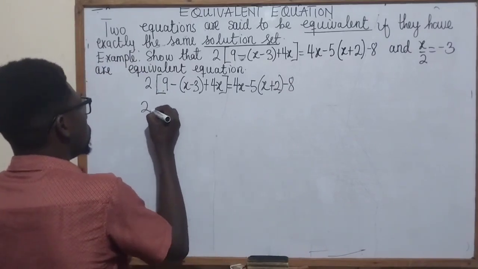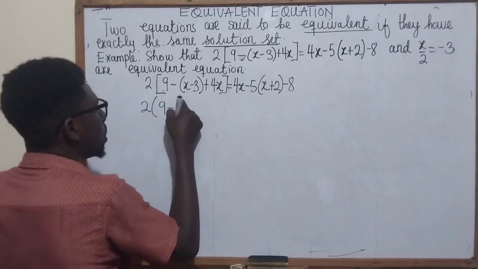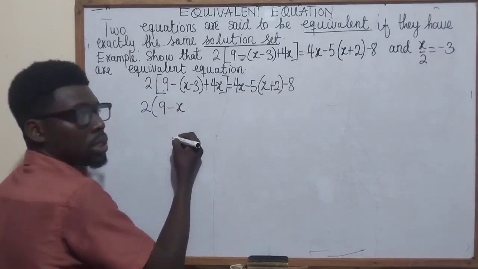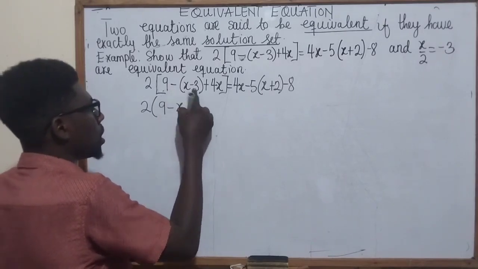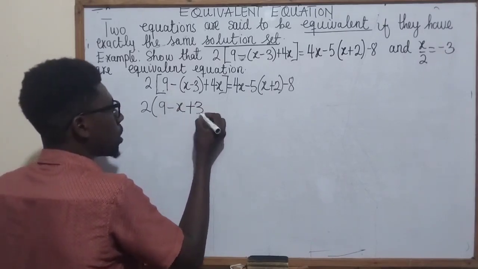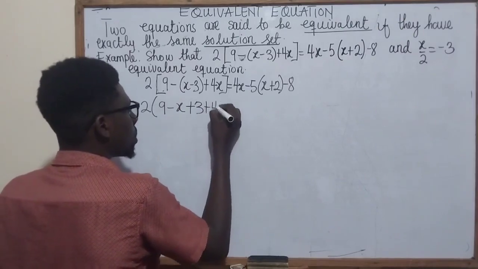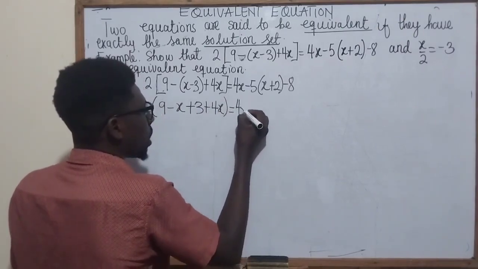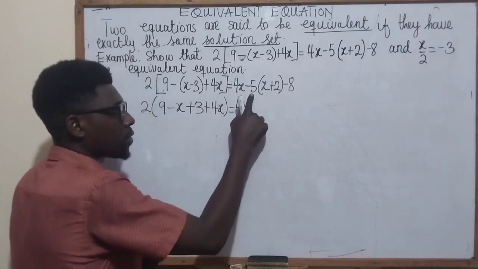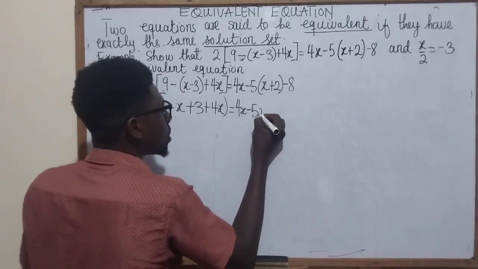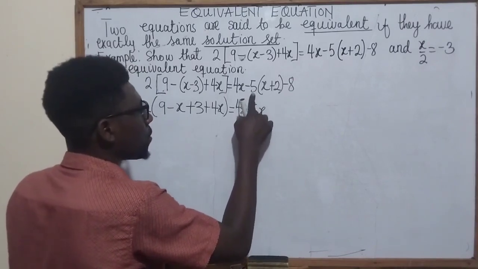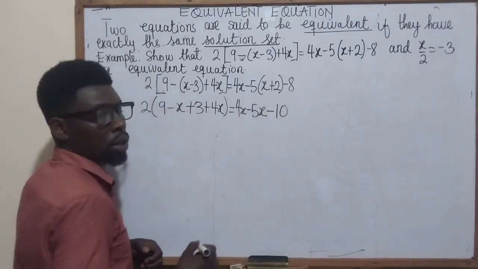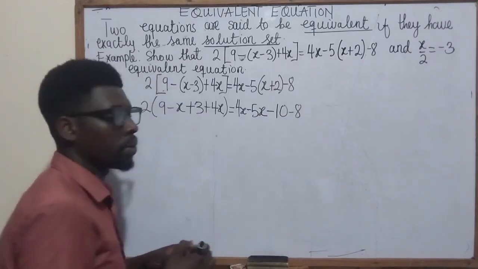I'm going to get minus 1x, and minus 1 times negative 3 will give me positive 3, plus 4x. Then I'm going to get 4x minus 5 times x will give me minus 5x, minus 5 times positive 2 is going to give me negative 10, minus 8.